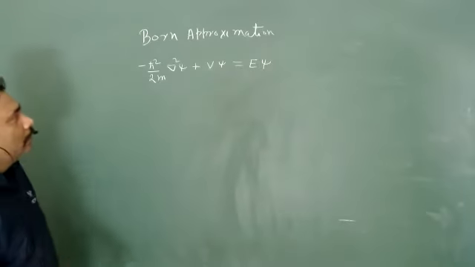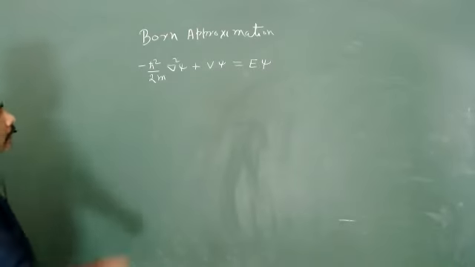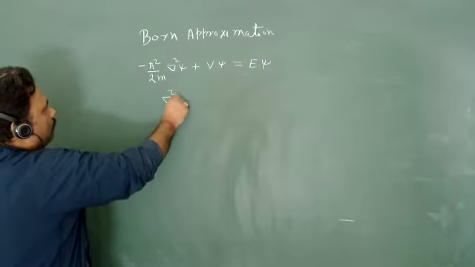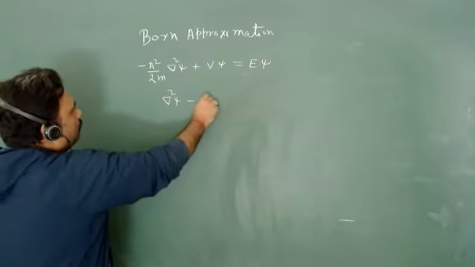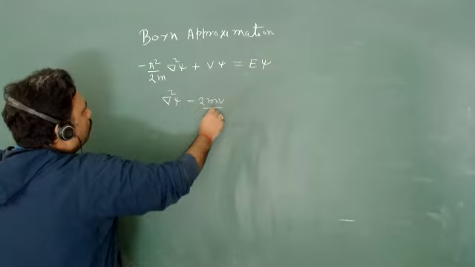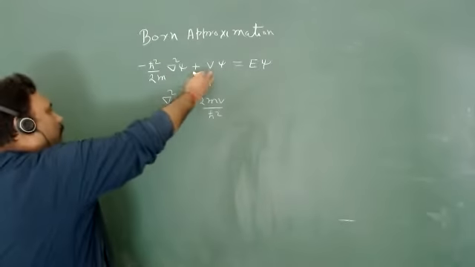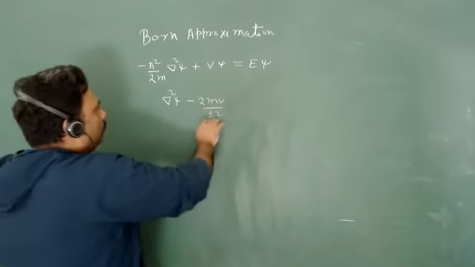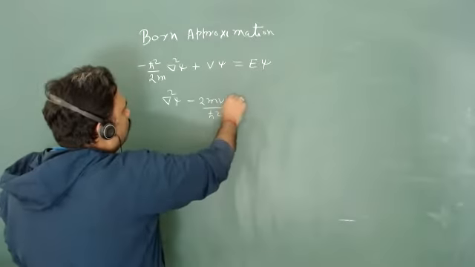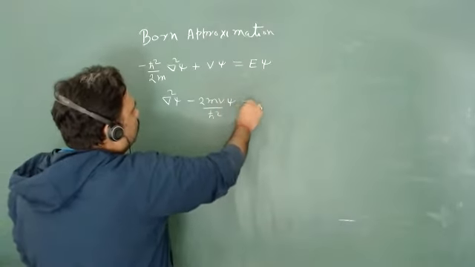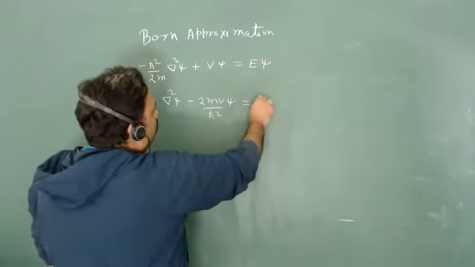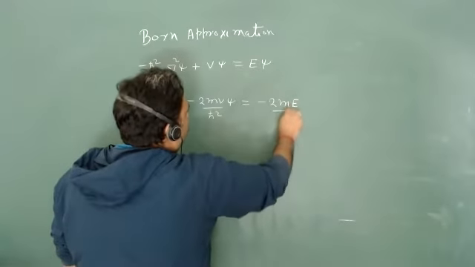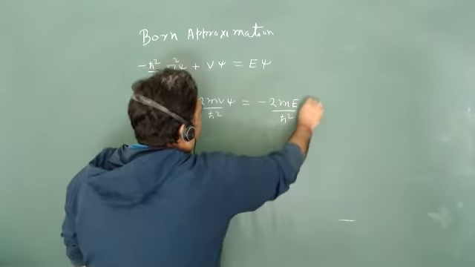We can write del square psi minus 2mV upon h cut square psi, and V can be a function of r and theta, don't worry, is equal to minus 2mE upon h cut square psi.